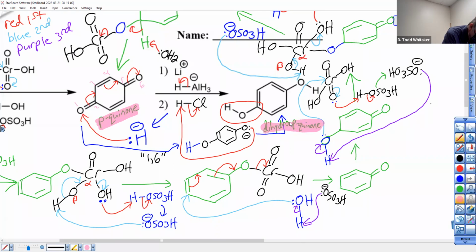Dihydroparaquinone. Quinones are very important in biochemistry. You're going to read about them in the textbook. A lot of redox happens inside of your body because quinones are there to facilitate. They're going between their oxidized state, quinone, to their reduced state, the dihydroparaquinone. And things like NAD plus and NADH are involved as well.